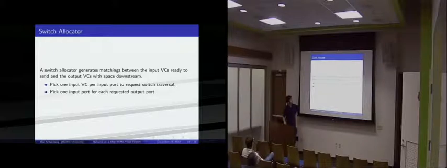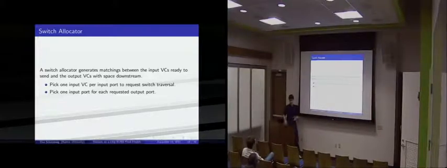The switch allocator is perhaps a little easier to visualize. I want to generate matchings between the input virtual channels that are ready to send and the output virtual channels that have space downstream. And what I do is at each input port, I'm going to pick one input virtual channel that's going to request switch traversal.